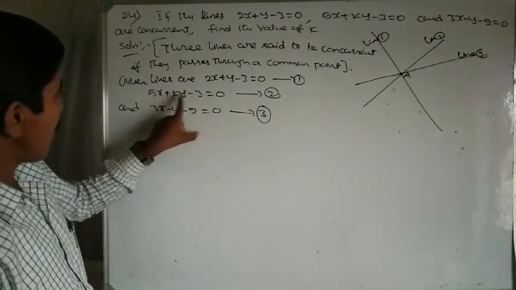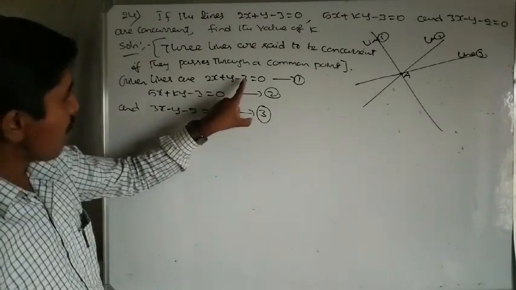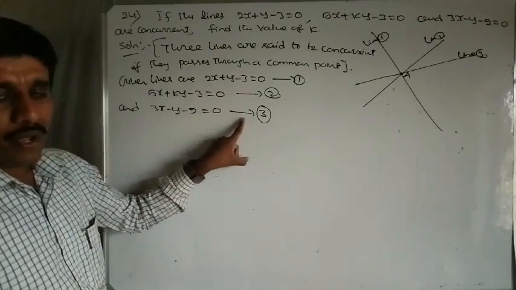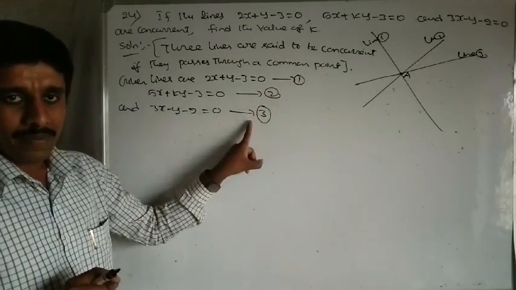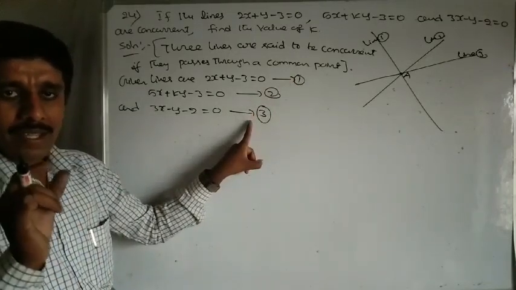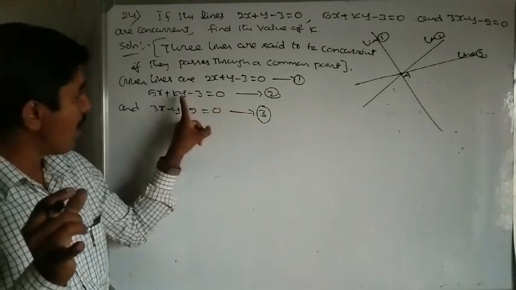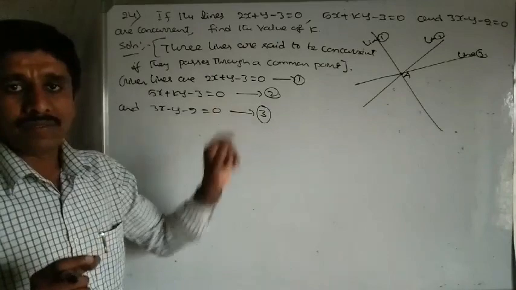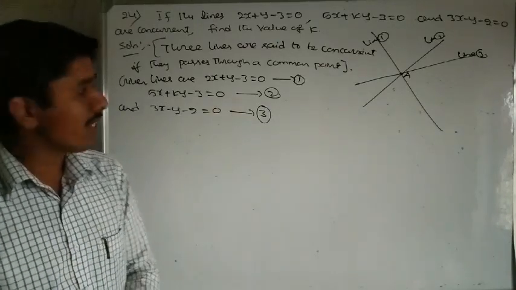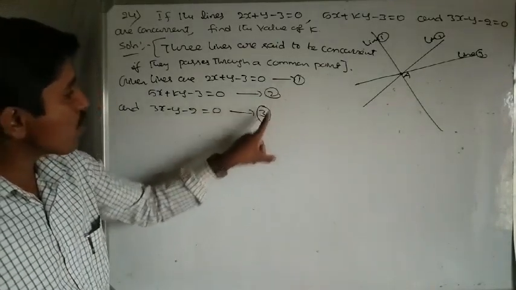Here k is contained in equation 2. Solving equations 1 and 3, we get the point of intersection of lines 1 and 3. And clearly that point will also lie on this second line. Got it? Then find the value of k. First, solving equations 1 and 3.